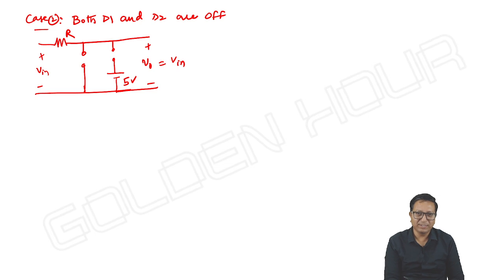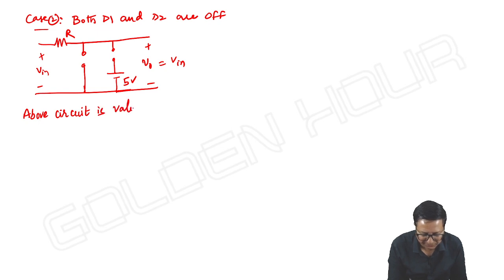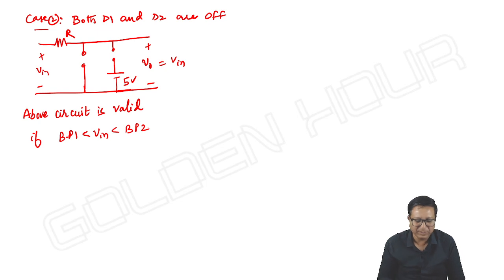How long is this valid? Input should be positive and less than 5, positive in the sense greater than 0. Instead of writing 0 and 5, I am writing breakpoint 1 and breakpoint 2. The above circuit is valid if breakpoint 1 is less than V input, which is less than breakpoint 2. That's it.